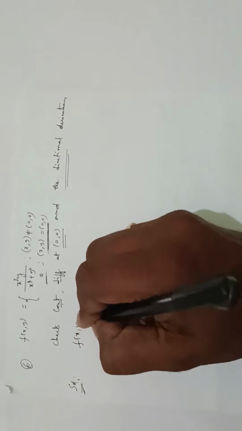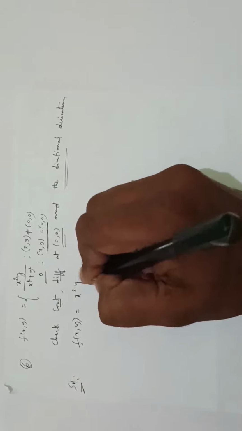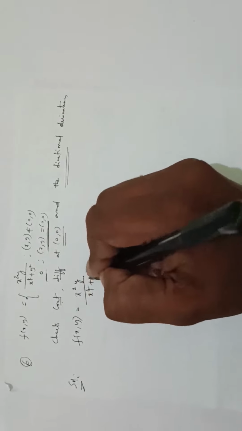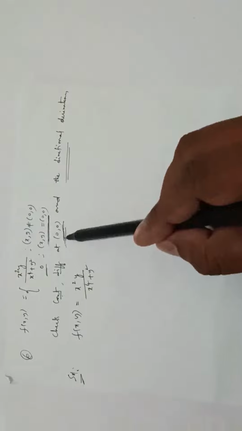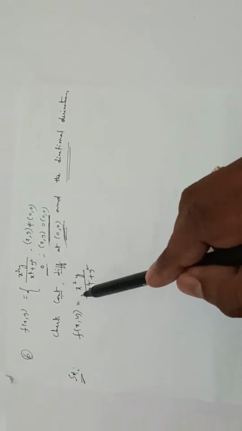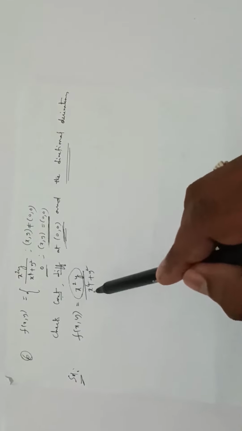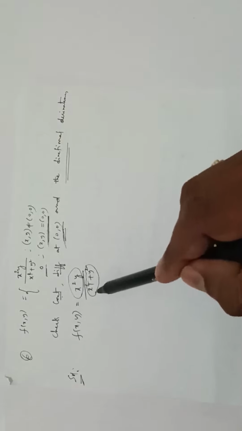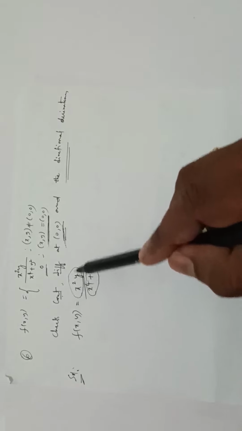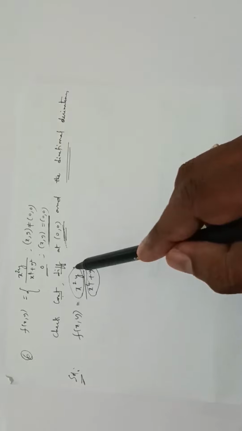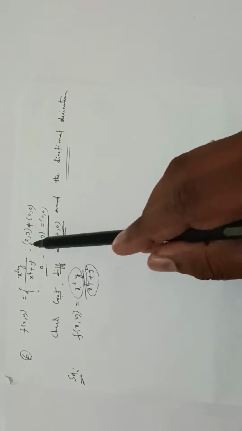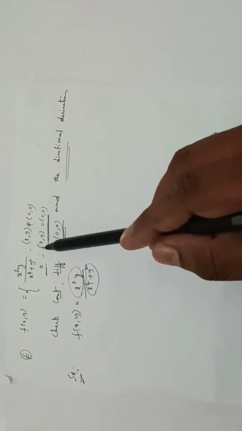We need to find the continuity. However, as I discussed for the last problem, x square y by x to the power 4 plus y square. Here we need to check the continuity only at 0 comma 0, because the numerator is a polynomial and the denominator is also a polynomial, and it is non-zero if you are coming out of the origin, that is x comma y not equal to 0 comma 0.